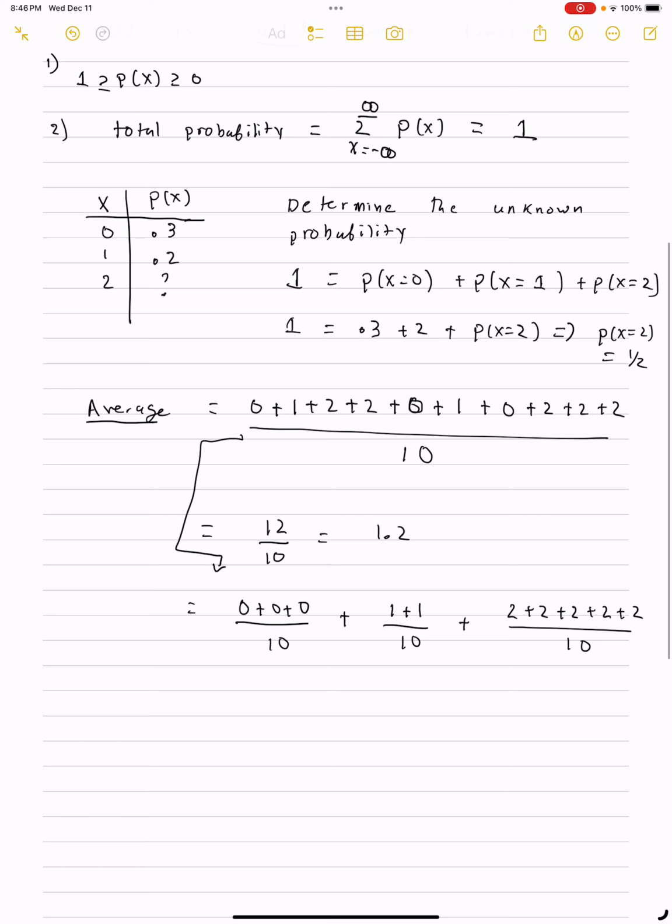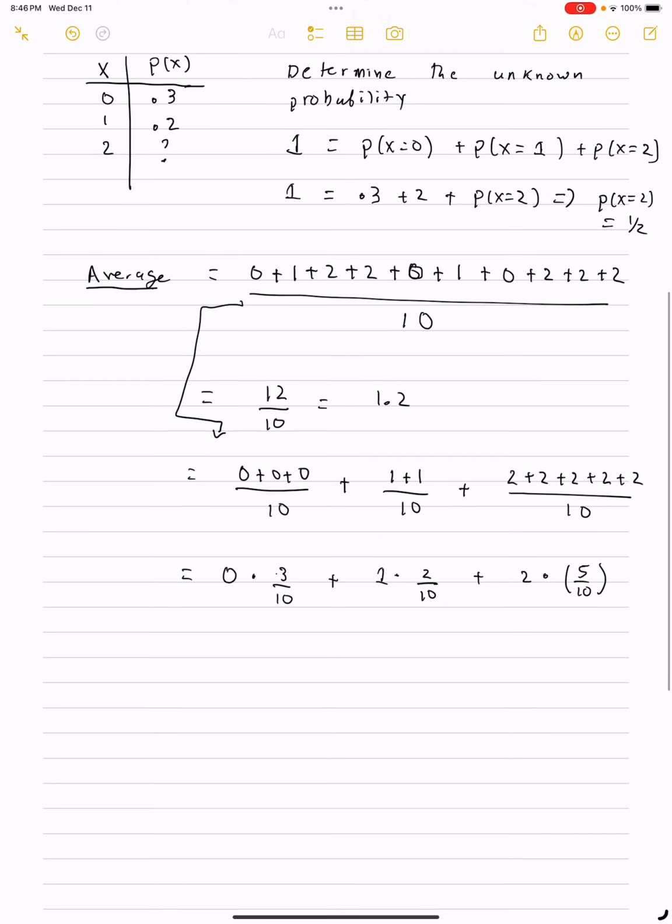Now, I think that I can write this as 0 times, well, 0 occurred 3 times, so that's going to be 3 tenths, plus 1 times 2 tenths, plus 2 times 5 tenths.